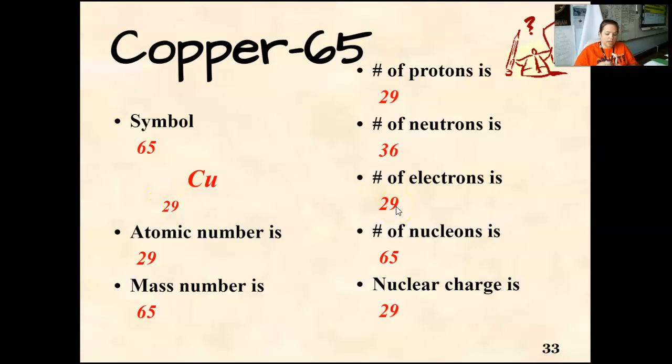Now we just take 65 minus 29, which should be 36. Number of nucleons, how many are in the nucleus? That is the same as the mass number. The nuclear charge is going to be 29, the protons.